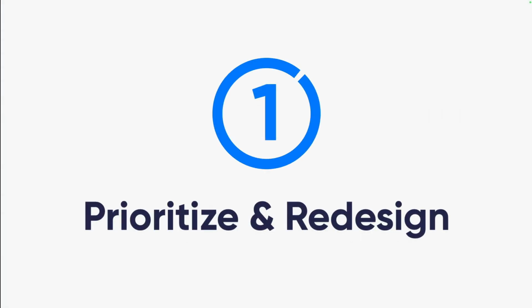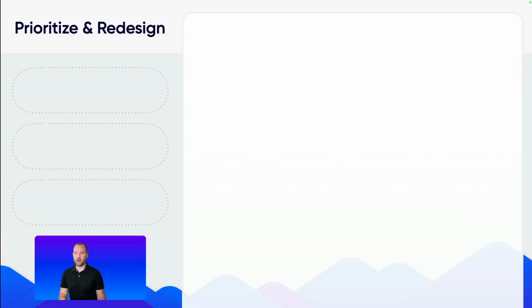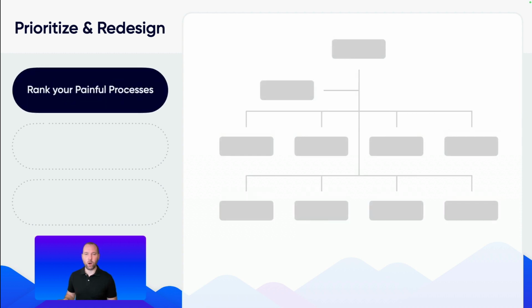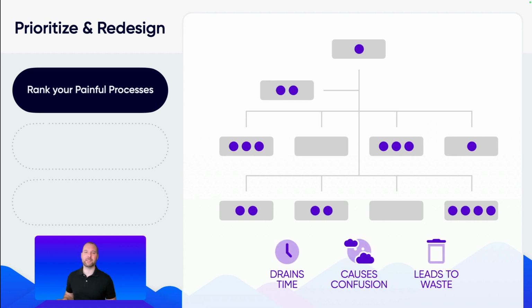So let's jump in with my first recommendation, which is how to prioritize and then redesign. I've got 3 subpoints underneath this. As you think about your district's org chart and all the different departments and schools that exist across your district, list all of the processes that drain time, that cause confusion or frustration, or that lead to waste, whether that's money or other resources.